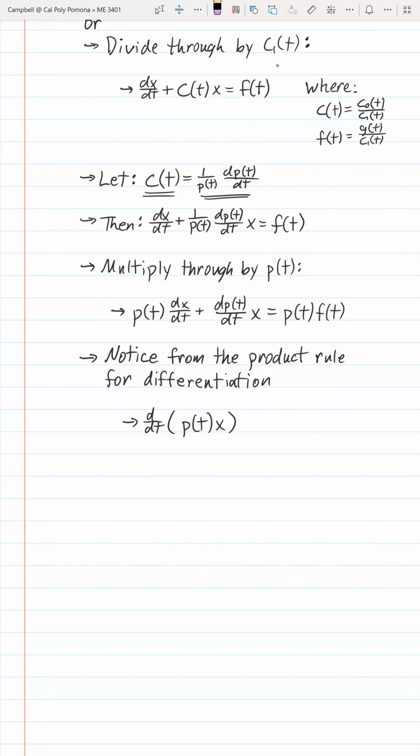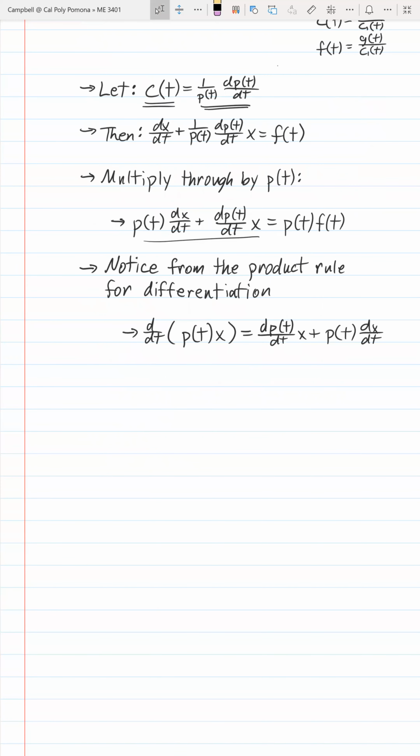And of course, just to show it to you, if we work with the product rule, we clearly get dp of t/dt times x plus p of t times dx/dt, which is exactly the same thing as this left-hand side, just with the terms reversed in order. Okay, so great.